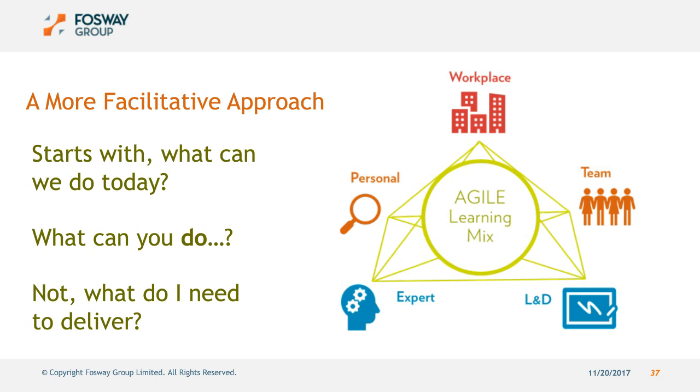So this is a change journey you might need to go on if you want to think about agile learning. But I don't think we're going to be able to enable people to learn faster and faster if we think the answer always lies in L&D and experts, if we don't put more pressure on teams and the workplace and personal learning to take place, and think about how we scale our team across all those scenarios.